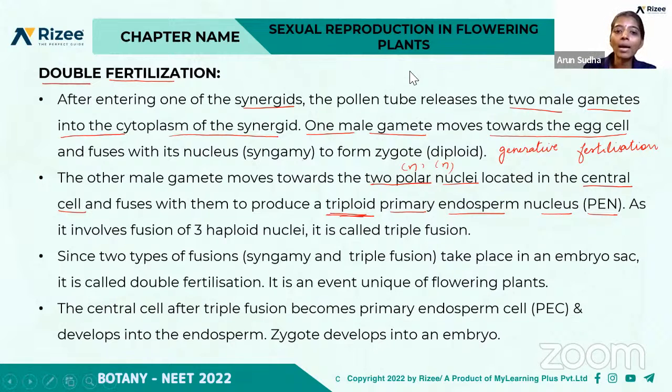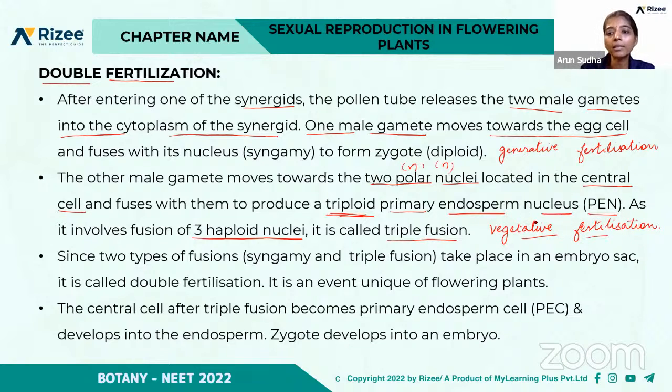As it involves the fusion of three haploid nuclei, it is called triple fusion, and this is also called vegetative fertilization. The fertilization of the egg with the male gamete leads to the formation of the zygote, so it is generative fertilization, and this is called vegetative fertilization.